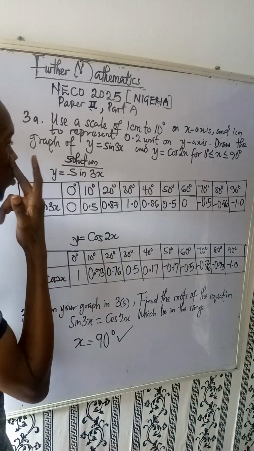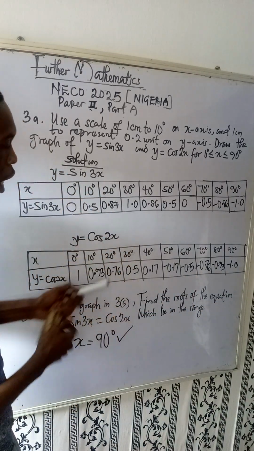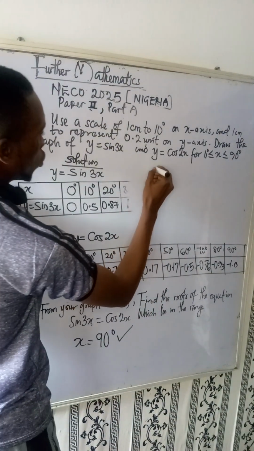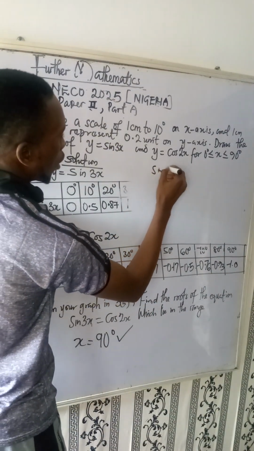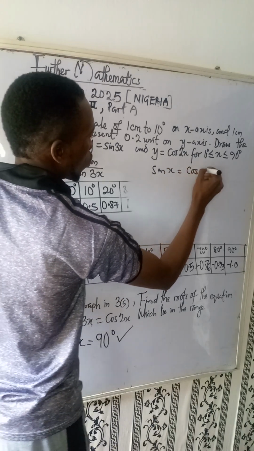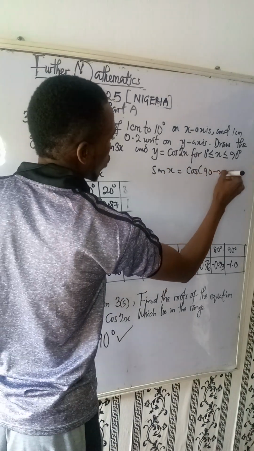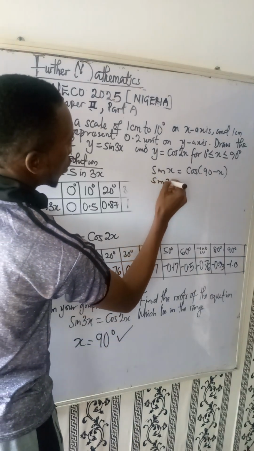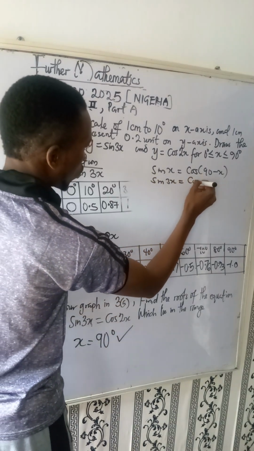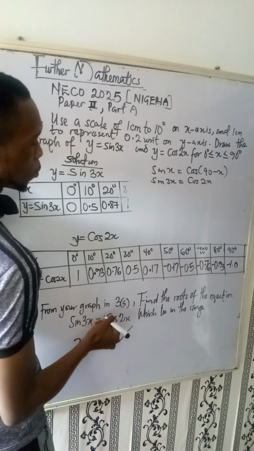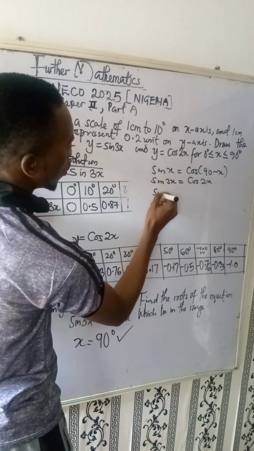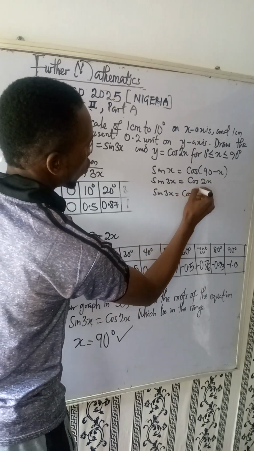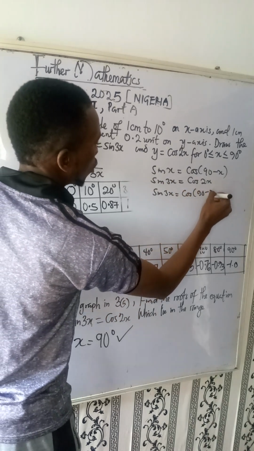So I'll use the knowledge of complementary angles. You know, when you have sine x, you get what? Cos of 90 minus x. So now you have to solve sine 3x is equal to what? Cos 2x. Don't forget that sine 3x, using my complementary angle, will give me cos of 90 minus 3x.